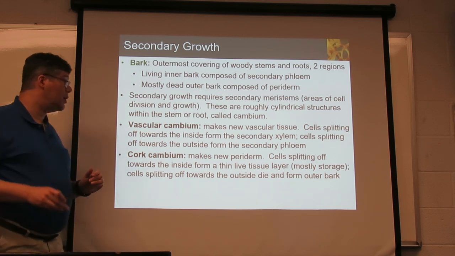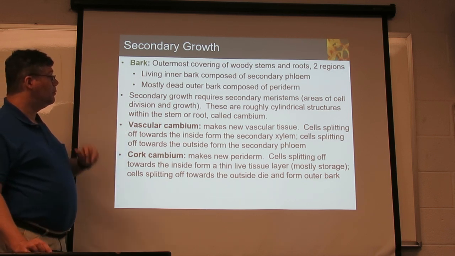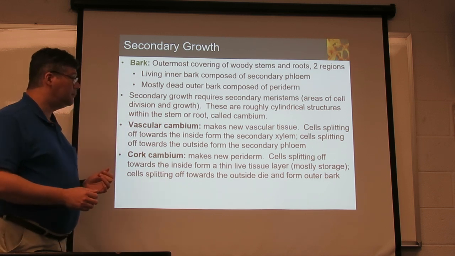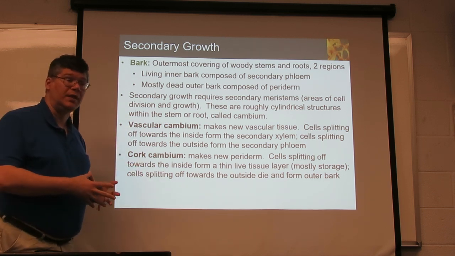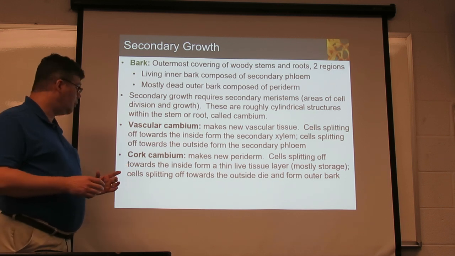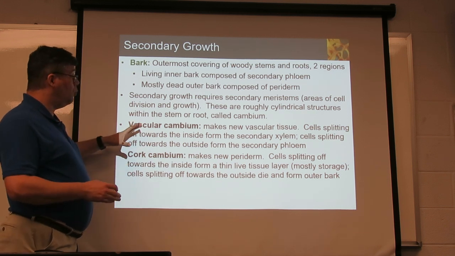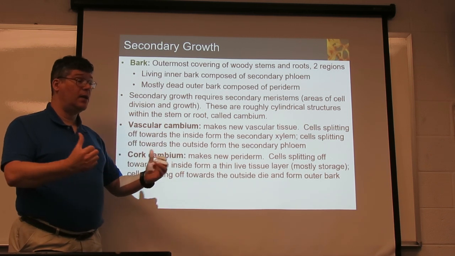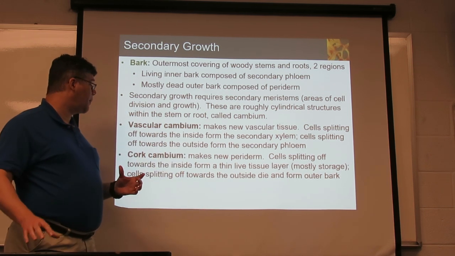So this includes a part that is growing, making our xylem and phloem. Characteristically, the xylem is towards the inside, phloem towards the outside, and so you'll have kind of a ring shape where xylem is building, growing towards the inside, and phloem towards the outside.